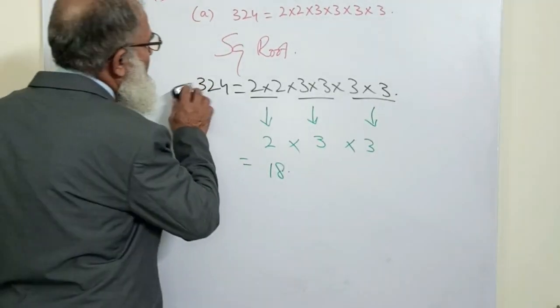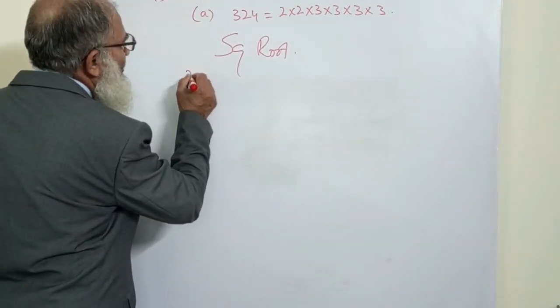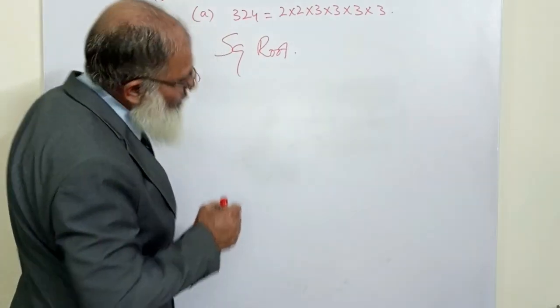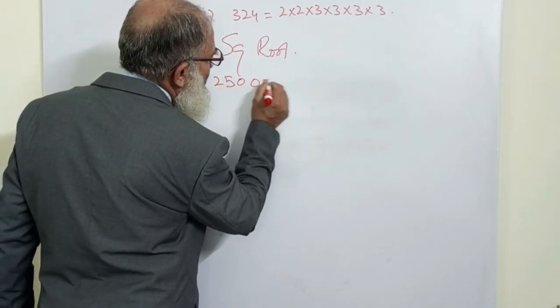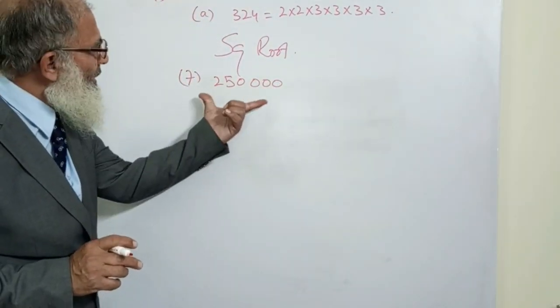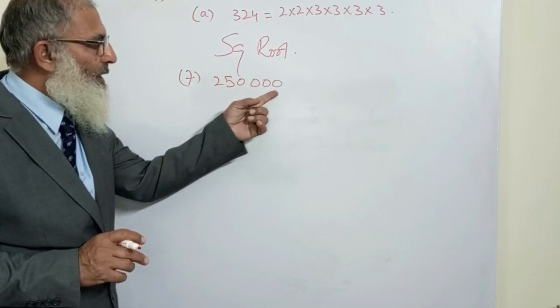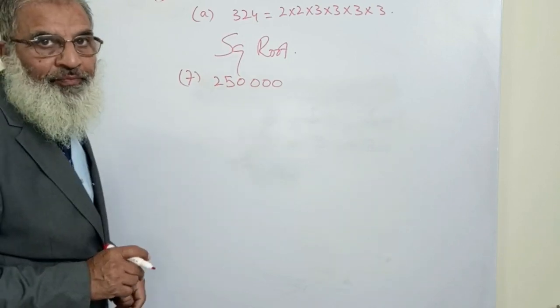Last part of this question now. The question is part F over here, and it is 250,000. Well, remember that I will tell you in some of my lectures how to read this.